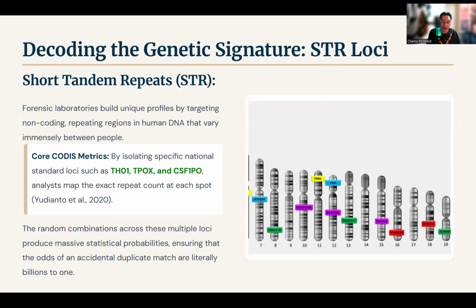By mapping the exact repeat count across all these standardized locations at the same time, the mathematical probabilities become astronomical. The odds of two unrelated people accidentally sharing the exact same multi-locus profile are literally billions to one. This is where the gold standard certainty of DNA evidence actually comes from.